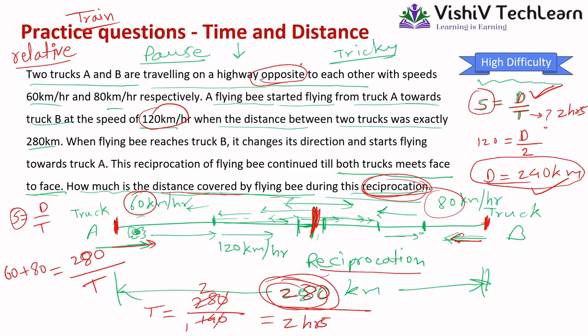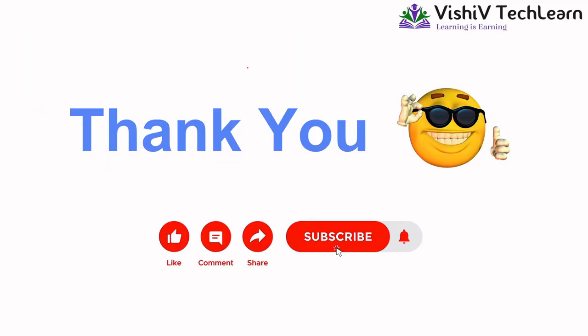So this is how, even though the question was very tricky, by using the same concept, speed is equal to distance upon time, same logic, we are able to solve this question. At the end I will say that there is only one logic for this topic, speed is equal to distance upon time. There are two topics under this same logic.